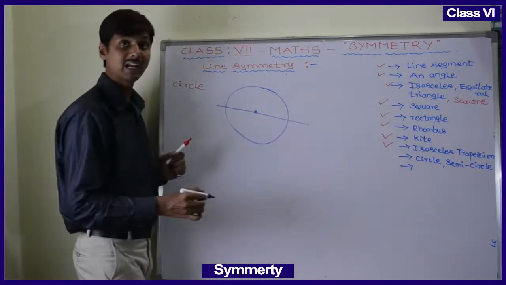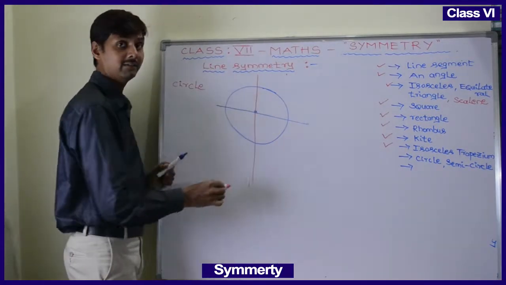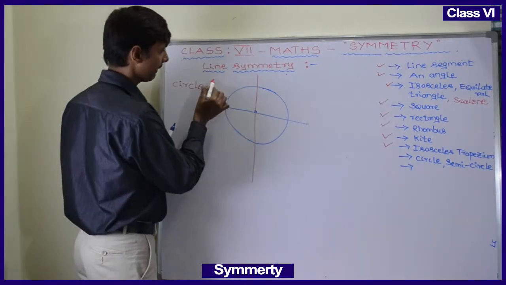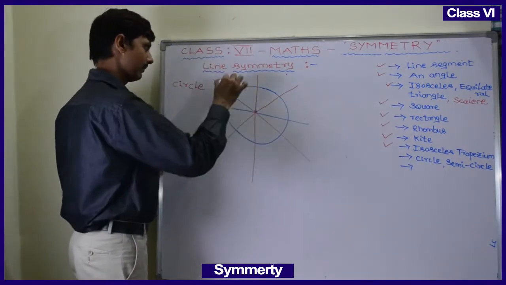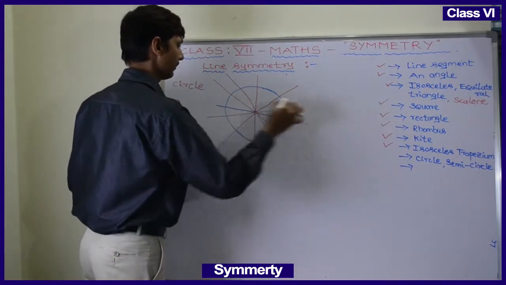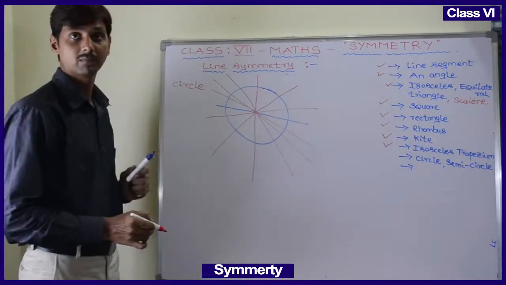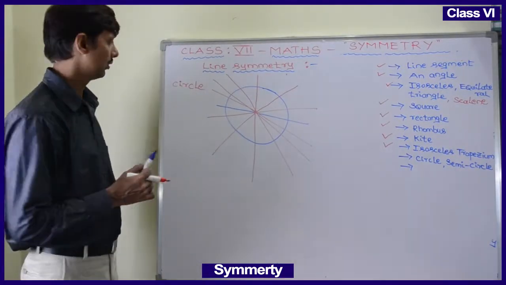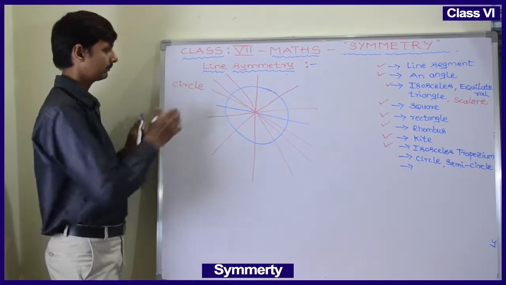It's called a diameter. Another line through the center of the circle, and another line. We take another line through the center of the circle, and similarly we can draw infinite lines through the center of the circle. So there are infinite lines of symmetry for a circle.